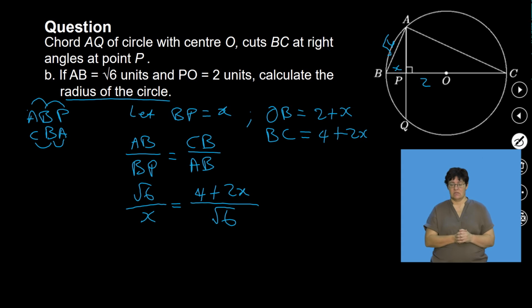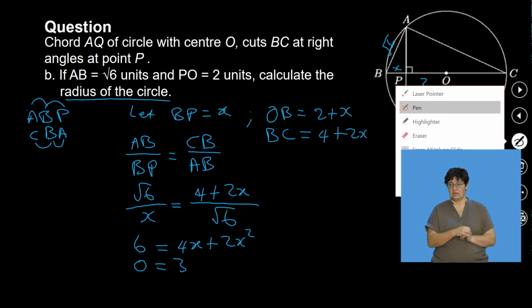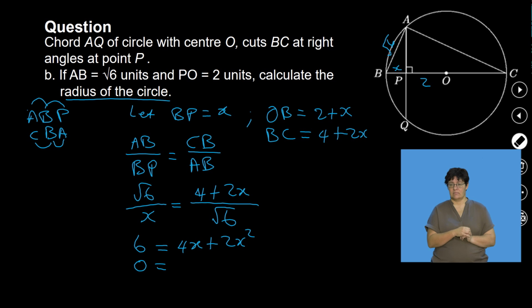Then if I simplify this, I will get 6 equals 4x plus 2x squared. If you divide everything by 2 and take the 6 to the other side, it gives me 0 equals, this will be 3, which must be a negative, so I must quickly erase that. It will be a negative 3, not just a positive 3.